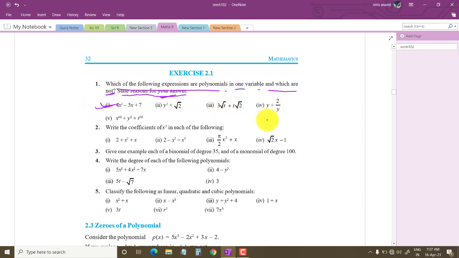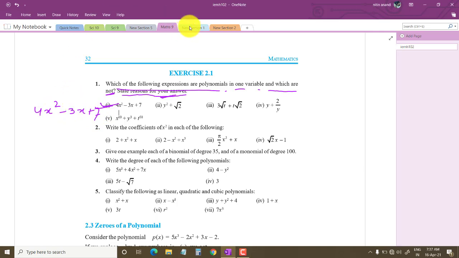The question is 4x square minus 3x plus 7. We have to see whether this is a polynomial or not.